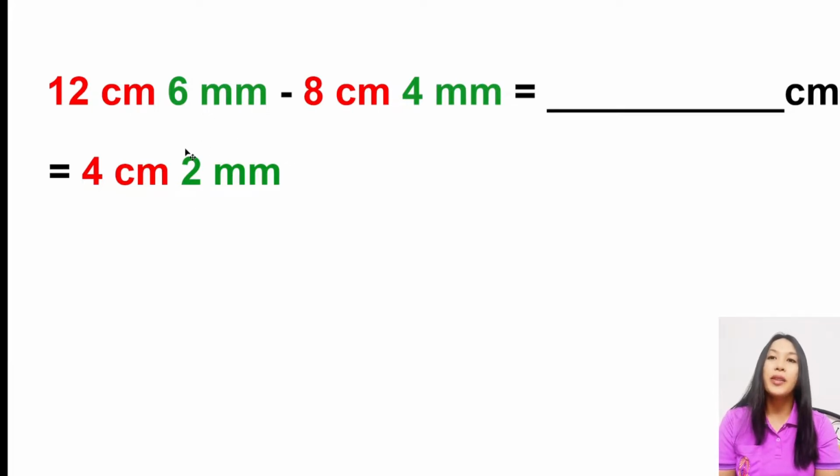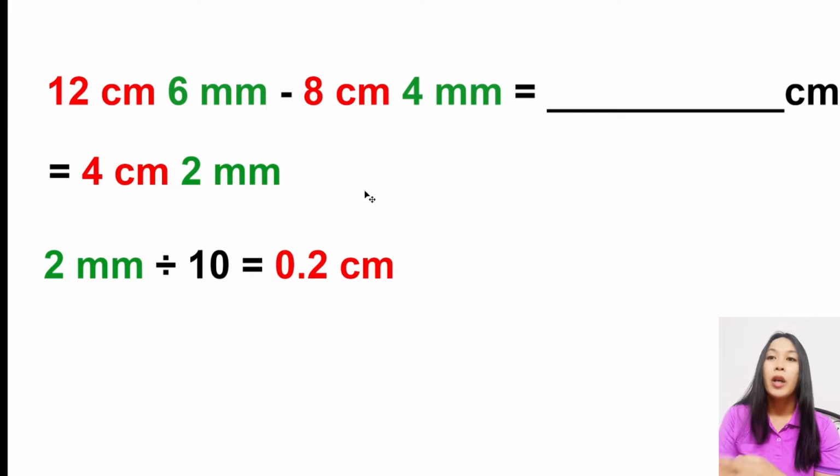So if we subtract them, we have 4 centimeters and 2 millimeters. Now, since 4 is already in centimeters, we should convert 2 millimeters to centimeters, okay? So to do that, we have to divide 2 millimeters by 10. We should get an answer of 0.2 centimeters.